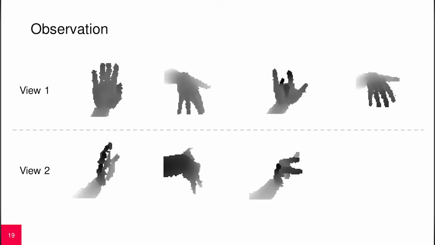Here is another example. Since you now know the relation between the two viewpoints, you can probably imagine how it looks from this other point. So the observation is that the pose is predictive for the appearance of the hand from any viewpoint. As simple as that. And how we are going to exploit it, I will describe in a minute.